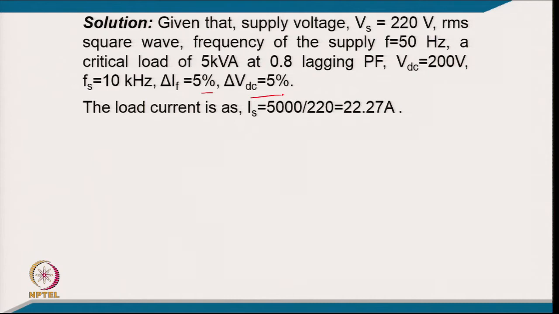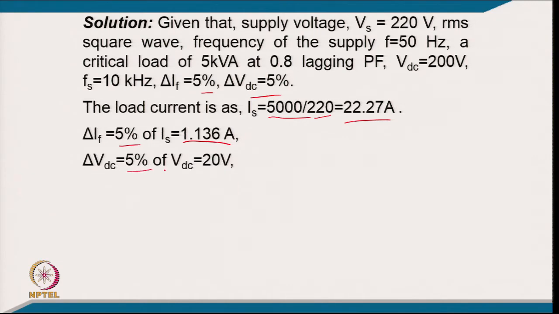So the load current we can calculate from the 5 kVA load at 220 volt, and it comes to 22.27 ampere. The ripple current, since the active filter current is the same as this load current, is 5% of this current, which comes to around 1.36 ampere.